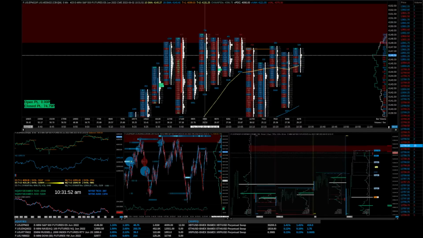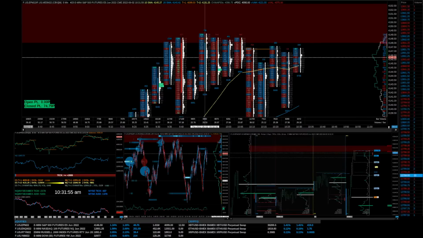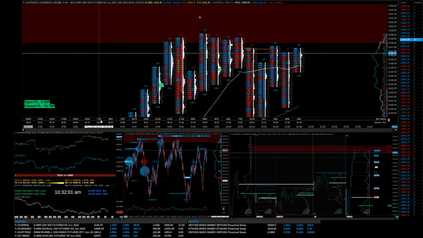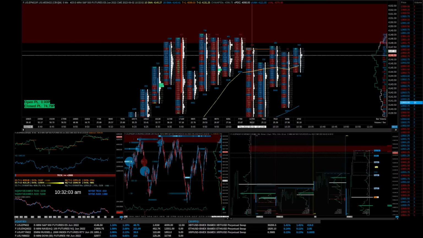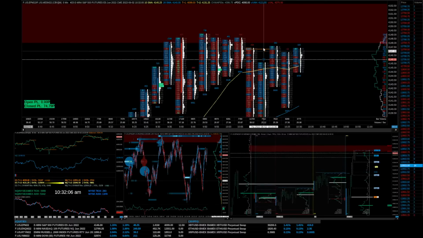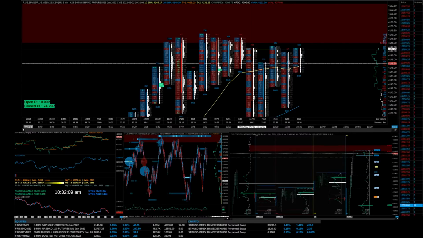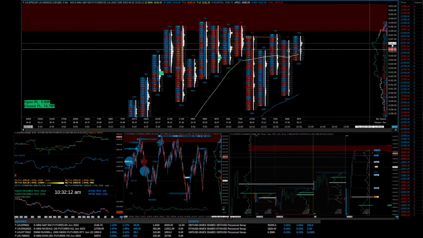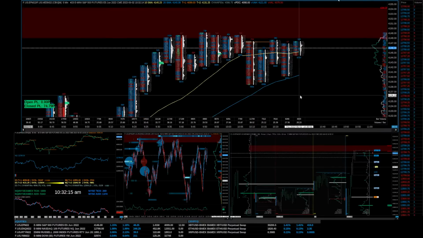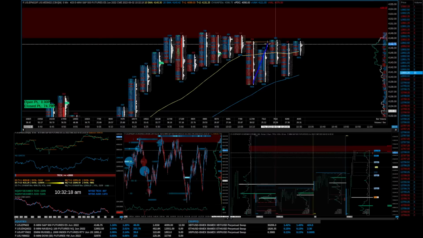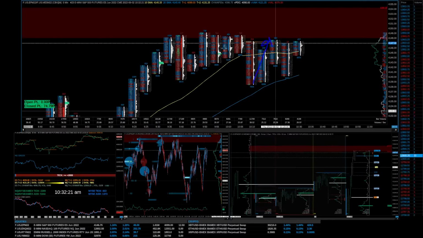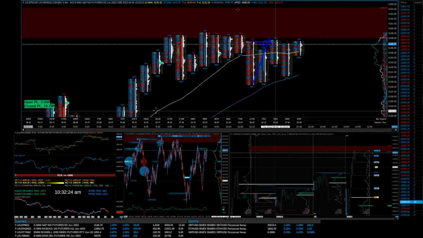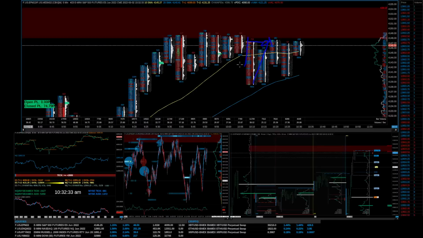Yeah, Joseph, one of the reasons why I get in on the first touch of this area: you see this little orange rectangle with an extension, that's an unfinished auction. Let me turn this on. As we come back up here, this unfinished auction exists because there were aggressive sellers. Once the bid got to this level, they aggressively sold it to the downside.